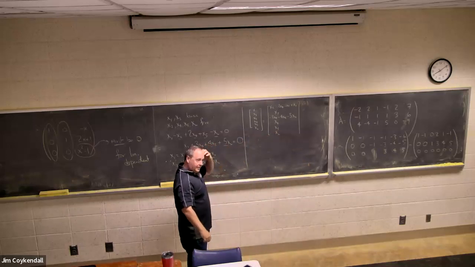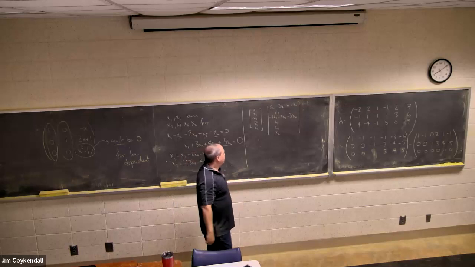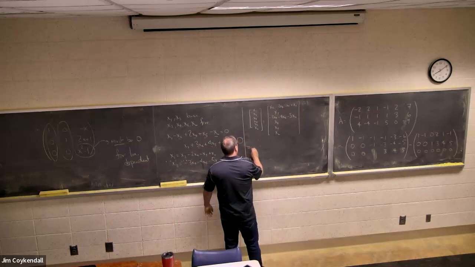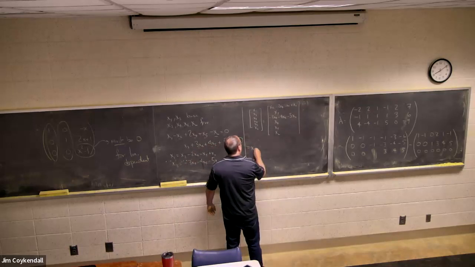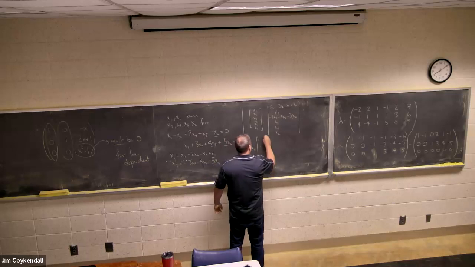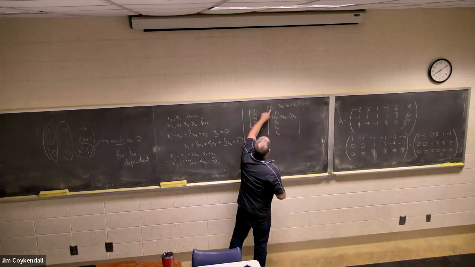Everybody good? I like to present it in this form because it makes things kind of clear. x2 becomes the vector 1, 1, 0, 0, 0, 0.